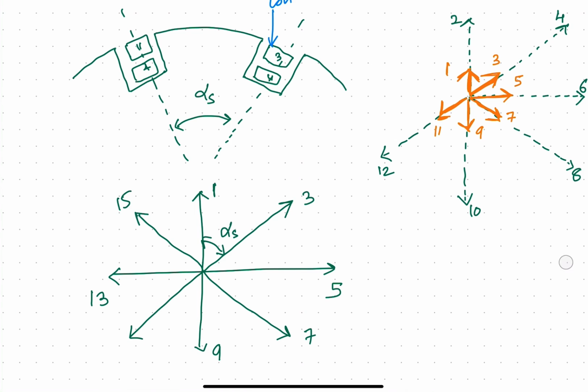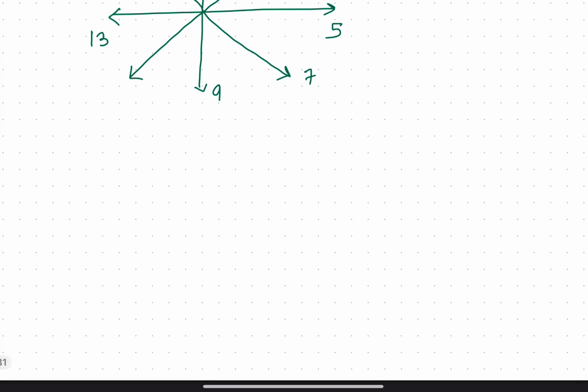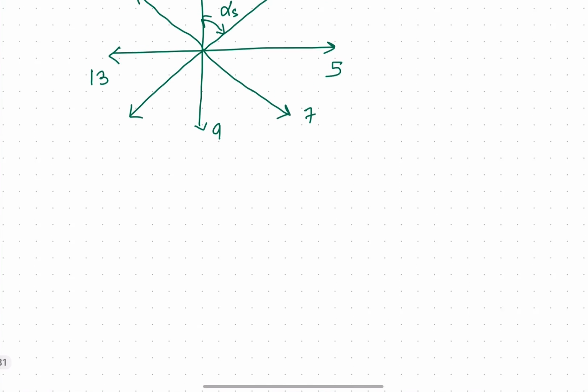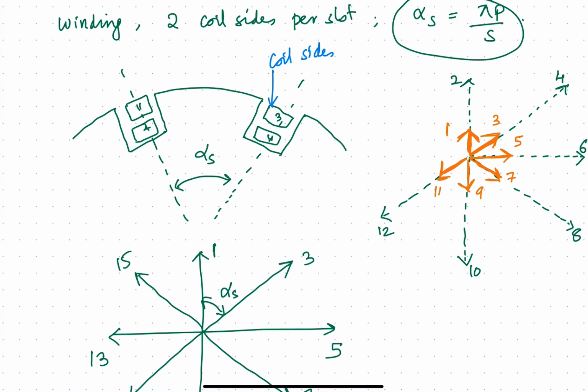Let's go ahead. When I say that this angle alpha s is pi P by S, how is this derived?